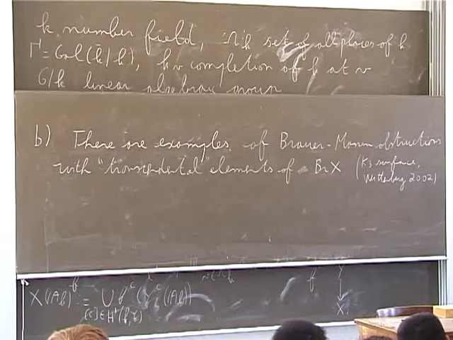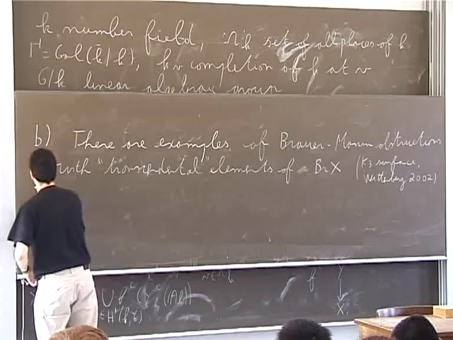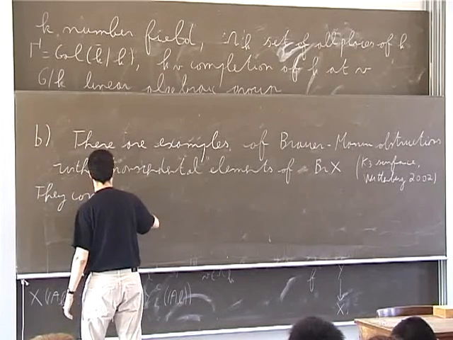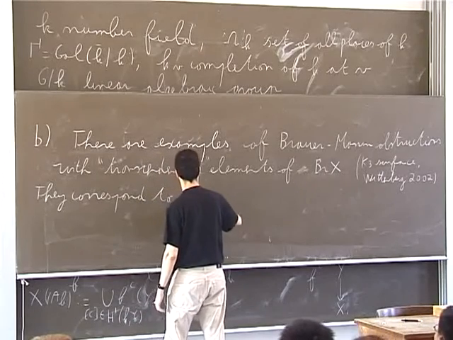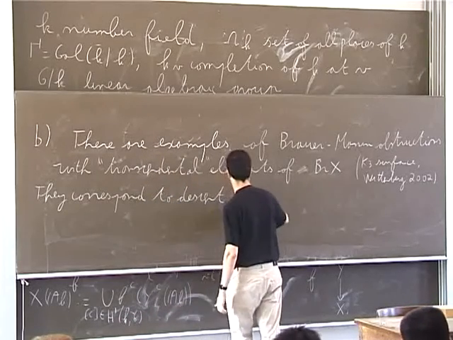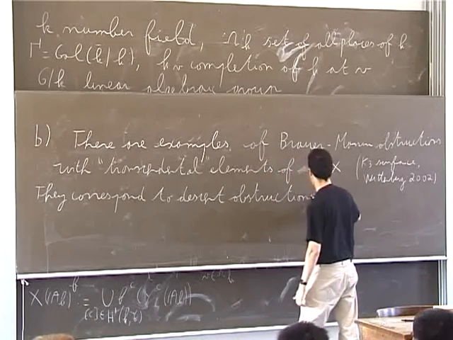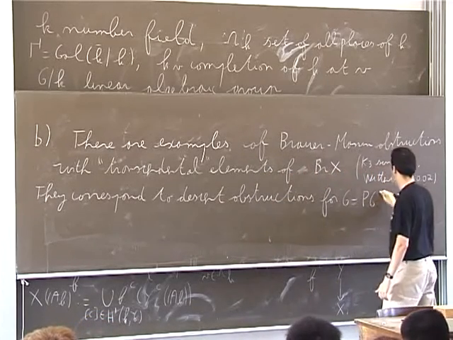So this is not part of the descent theory of Colliot-Thélène and Sansuc, but nevertheless, they correspond to descent obstruction for a very simple group, for G equal to PGL_n.